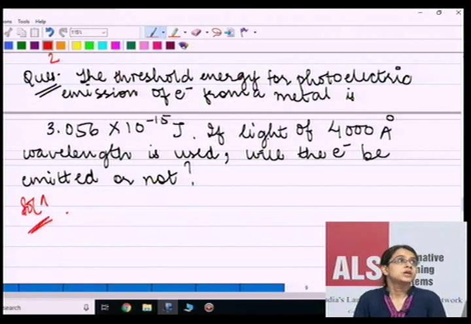Okay, Christukula, you have given us a number. What is this number? The question says, will the electron be emitted or not? So you can also give us an answer of yes or no. Yes, if you think it will be emitted. No, if not.